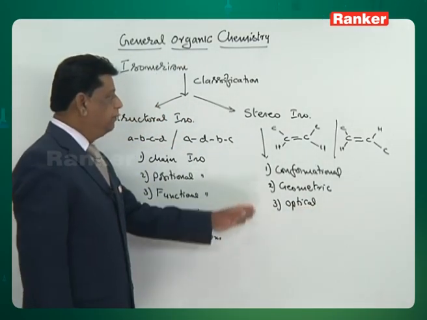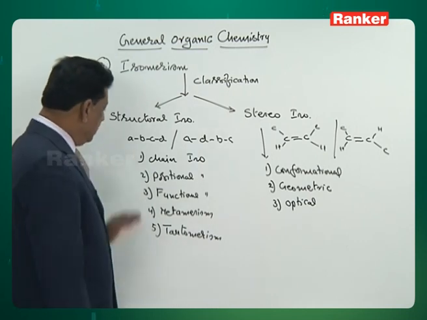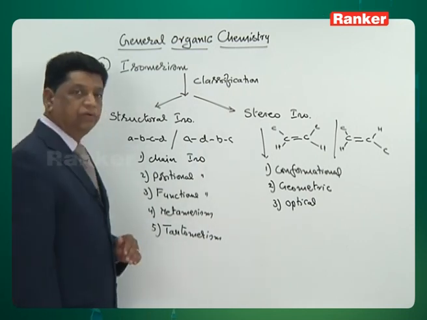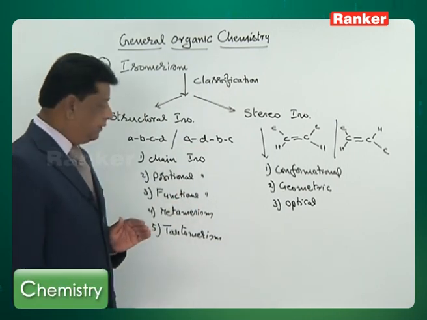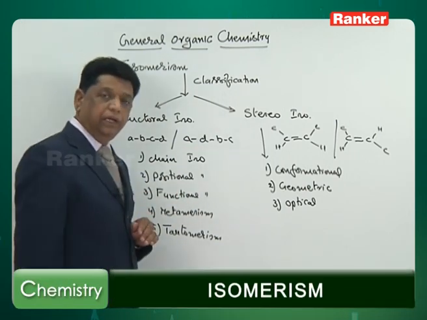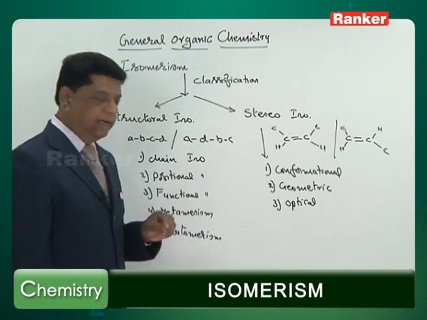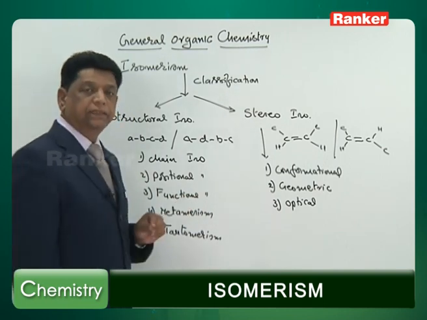So, there are 3 types of stereo isomerism and 5 types of structural isomerism, a total of 8 types of isomerisms. One after the other we will take, and with some examples let us understand them.